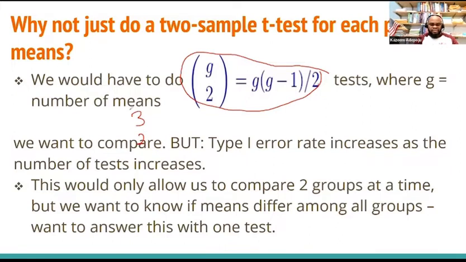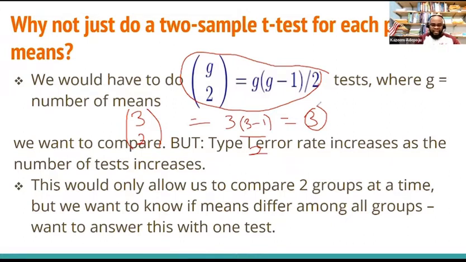Which is 3 times (3 minus 1), divided by 2. Look at the formula here. And of course, I'm going to get 3. It means the number of t-tests that I'm going to conduct on two groups at a time will be 3.